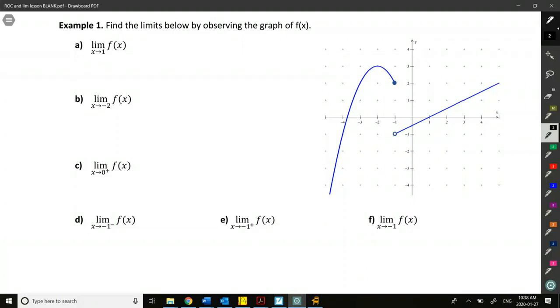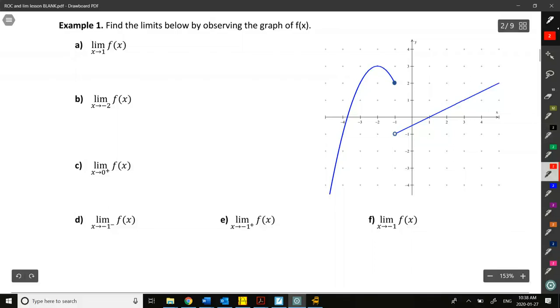Okay, so we can calculate limits with graphs. We can also calculate limits with functions, so equations. And we can also calculate limits of things like even just lists of numbers. We can see if those have a particular value that they're converging toward. So the first one here is telling us limit as x approaches 1 of f at x. This whole graph here is f at x, both pieces of it. Basically what we want to know is, what is y approaching as x approaches 1?